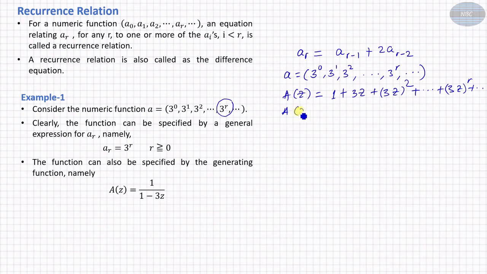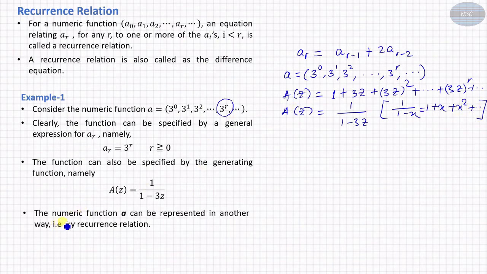This can be written as 1 divided by 1 minus 3z. So we got this from this particular formula.